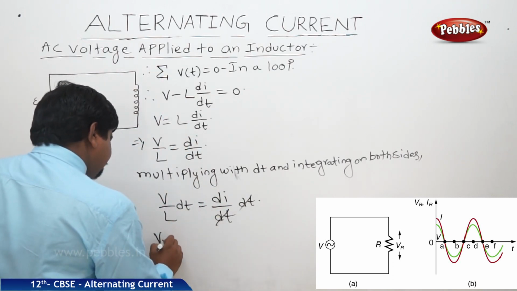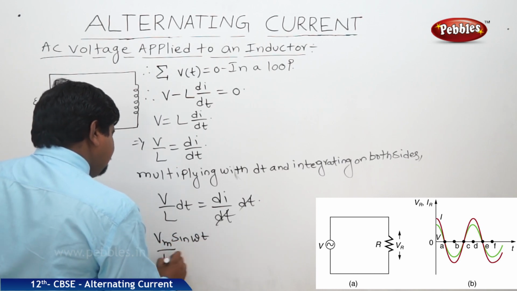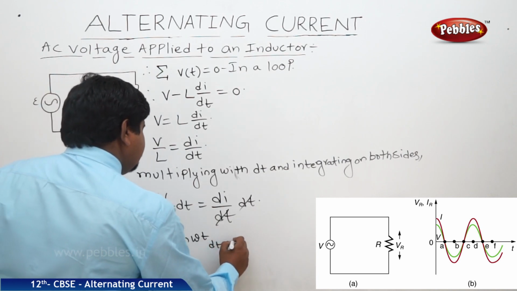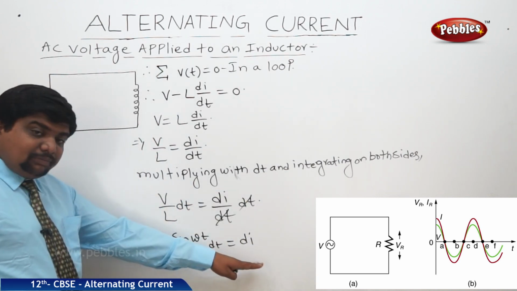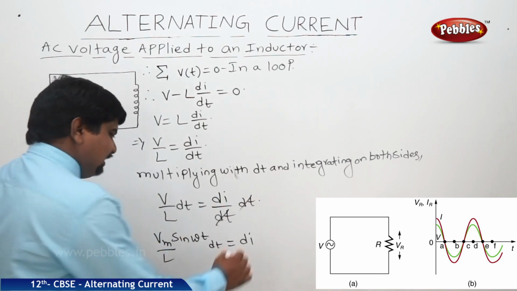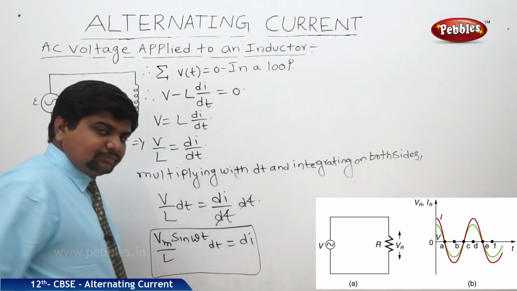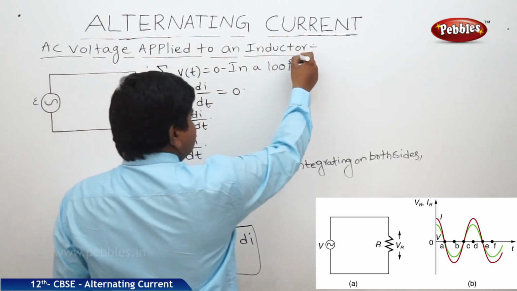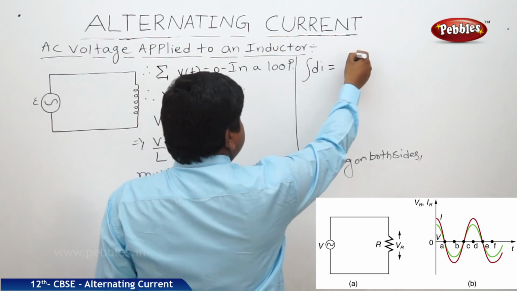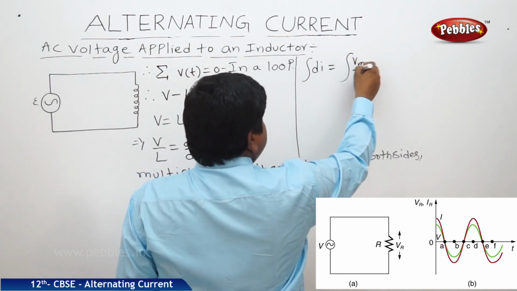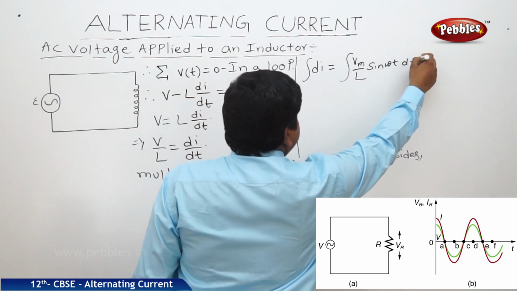Therefore, Vm sin omega t by L dt is equal to di. Now I am applying the integration to the whole equation. So on integrating, integral di is equal to integral Vm by L sin omega t dt.